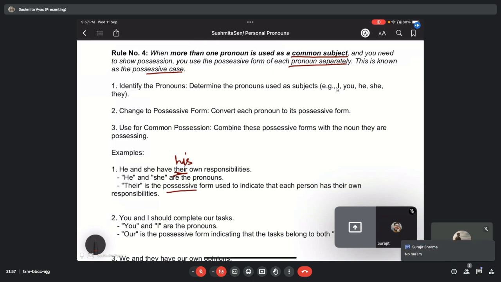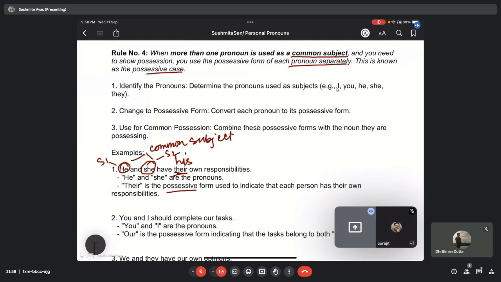Here we are talking about two people. More than one pronoun is used as a common subject. Here there is one pronoun he, one pronoun she, used as a common subject. So both of them are a common subject. He and she is not subject one, not subject two.